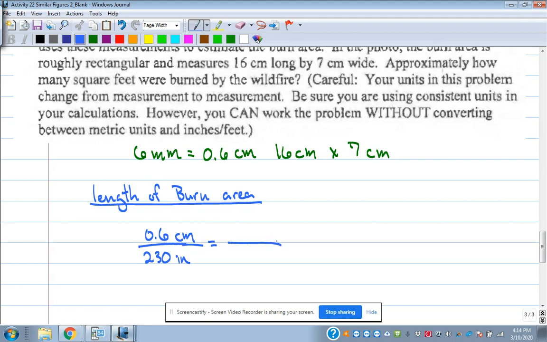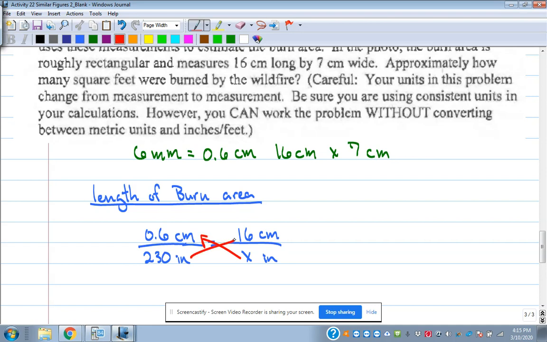Where should that go on the other side? Top or bottom? And why? It'd be on top, not just because of the units, but think about how the left one is set up. It's picture over real life, right? So on the other side, it's got to be picture over real life. And we don't know how far that is, but we know it's some sort of inches. I'm going to call it X, because X is a great variable.